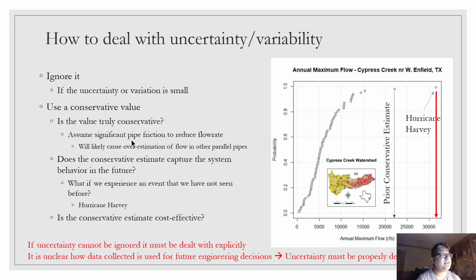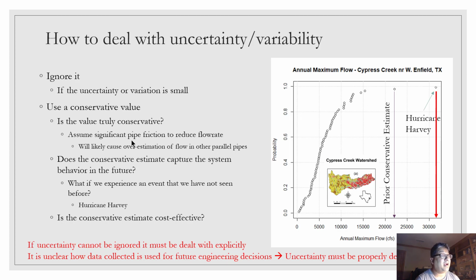So if we make assumptions, we really need to question, are these assumptions truly conservative? Have we captured all the variability that is likely possible? In many cases, it is unlikely that we have captured all the variability that the system is likely going to experience, because a lot of our systems are out there in the open. They're sitting facing nature, and that's very unique about civil engineering.